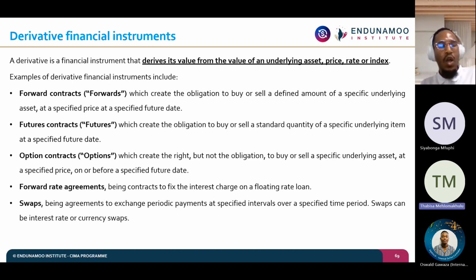Let's swap. What that means is essentially you and I are swapping interest: the fixed interest rate that I pay, the difference I pay over to you, and you pay over what you pay to me. So we are swapping interest rates to ensure that you are paying a fixed interest rate because you don't want volatility in your statement of profit or loss.